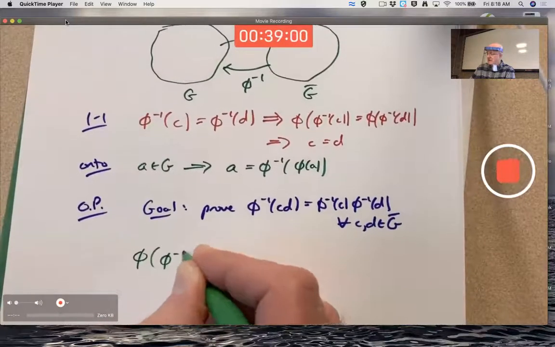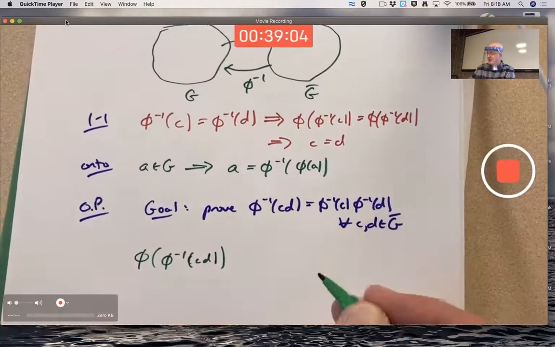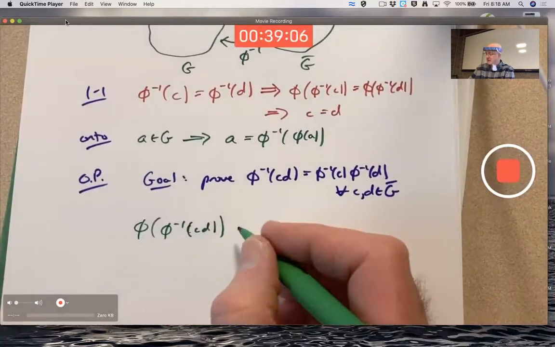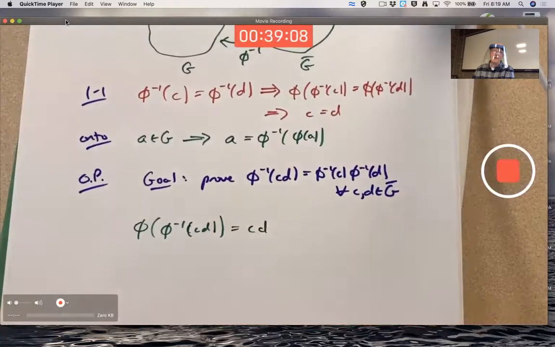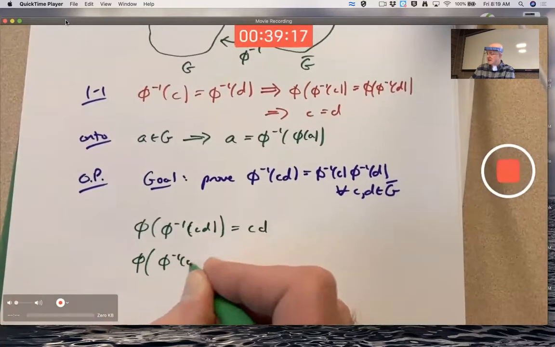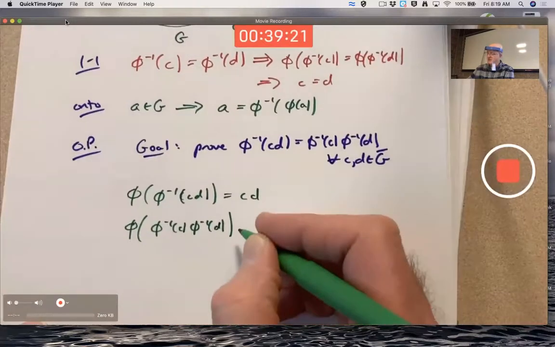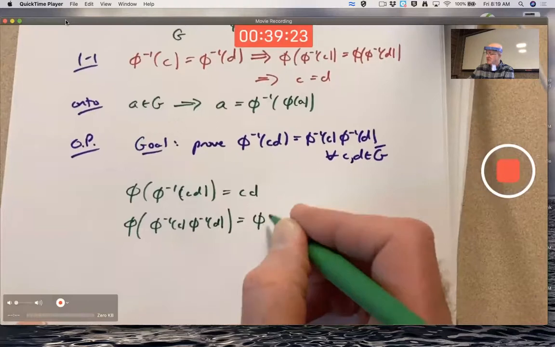Phi of phi inverse of CD, by the fact that phi and phi inverse are inverse functions, is CD. I didn't use the fact that phi is operation preserving there. I must have to with the other one. What's phi of phi inverse of C times phi inverse of D? Yeah, there I'm going to have to use the fact that phi is operation preserving.